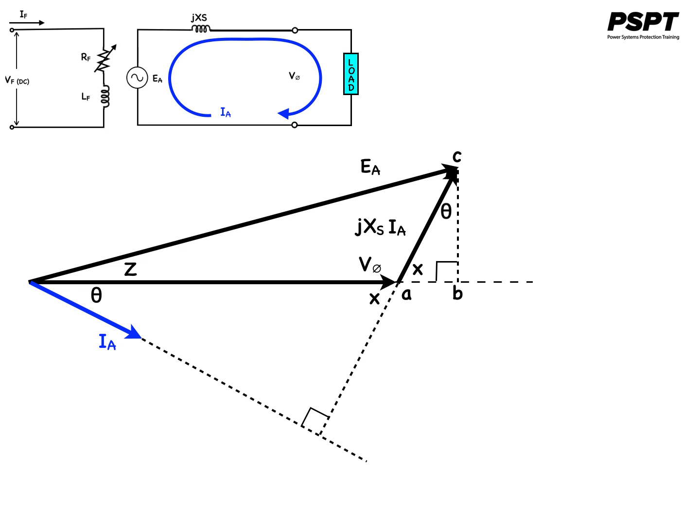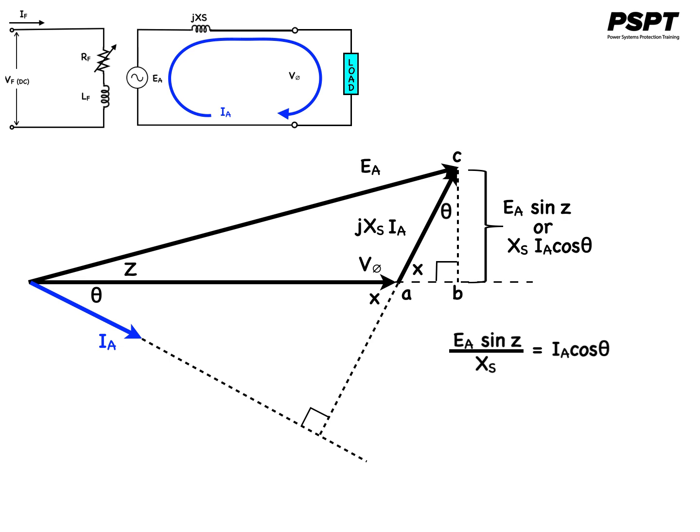This means the magnitude of the vertical segment can be expressed as either EA sine δ or XS IA cos theta. Which means that these 2 values are equal, so they can be put into an equation.